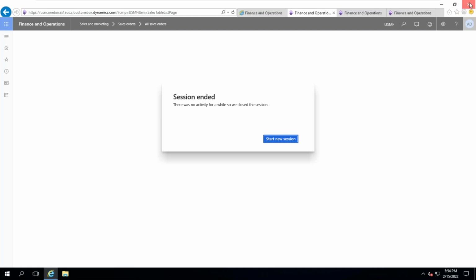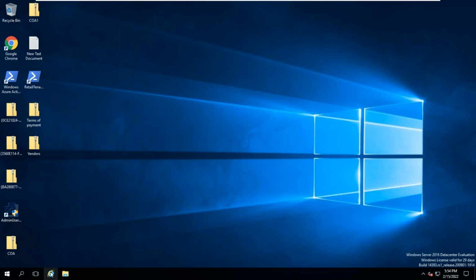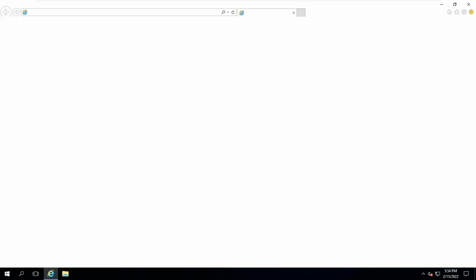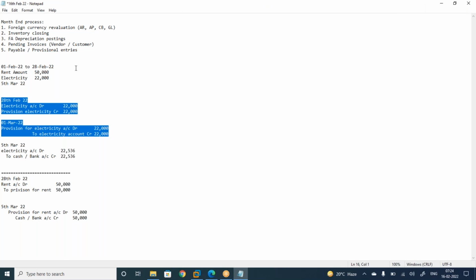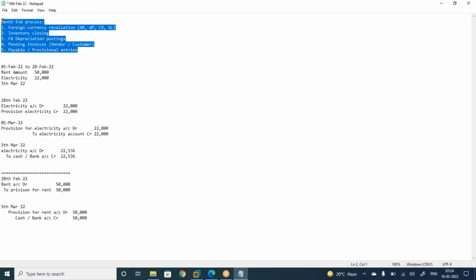Let me show you these options. Just give me a minute, let me open the application. These are all the accountant's responsibility. It is the month-end process, before generating the trial balance or profit and loss account statement or income statement. Accountants need to take care of whether all these activities are done or not.